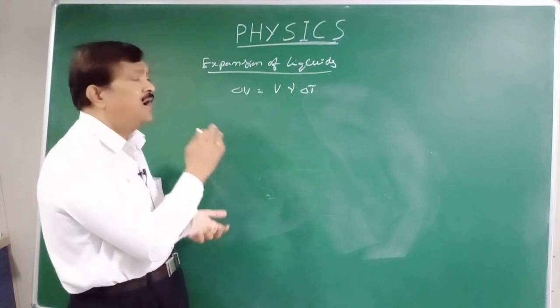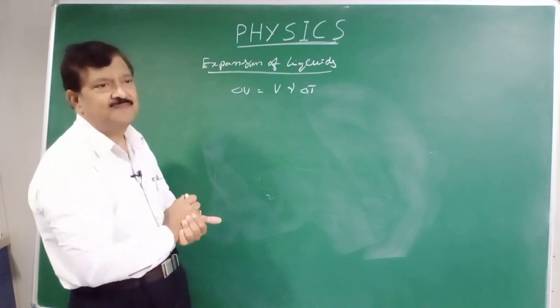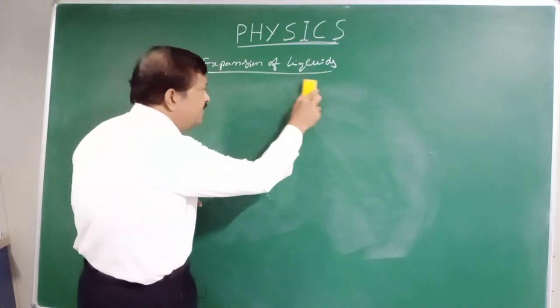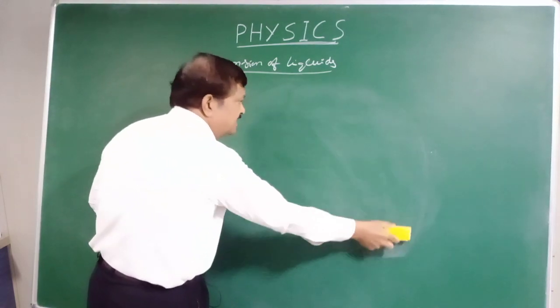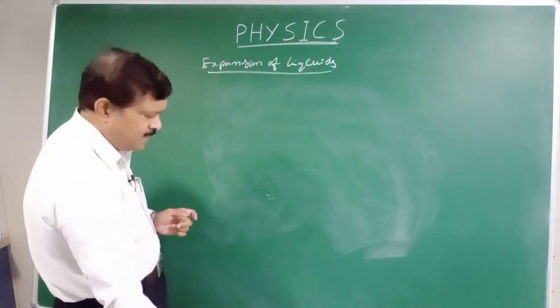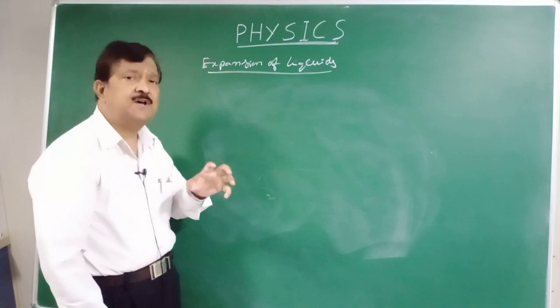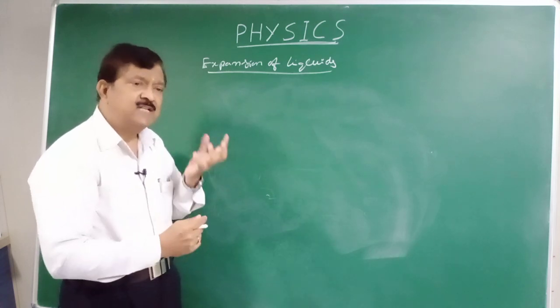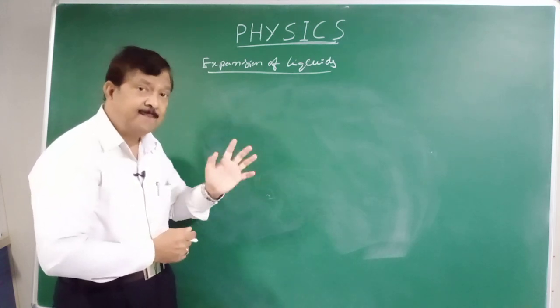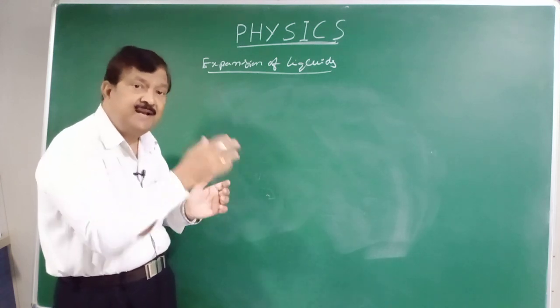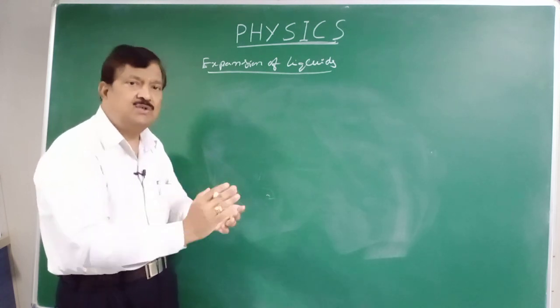Then how do we have to define gamma in this case? Again, there is a difference in the volume expansion of solids and liquids. What is that? Liquids have two types of expansion. Practically, expansion is of the same unique type, but we understand and we measure the expansion in two types. What are the two types?